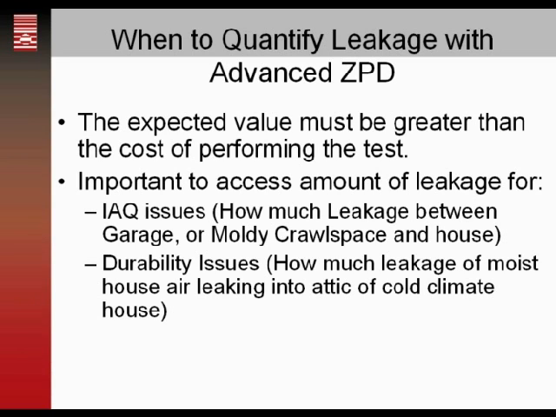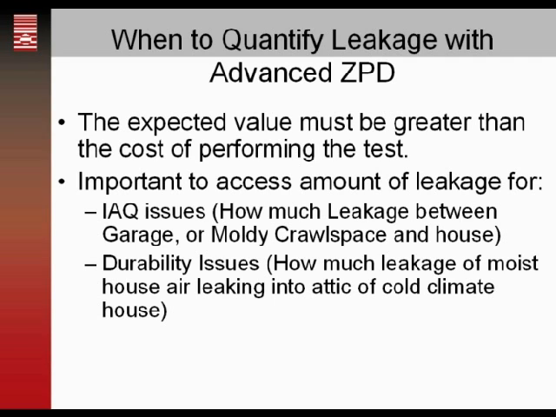If you have complex houses where it's difficult to determine where the pressure boundaries are, it makes sense to calculate how much leakage there is between the house and that zone.